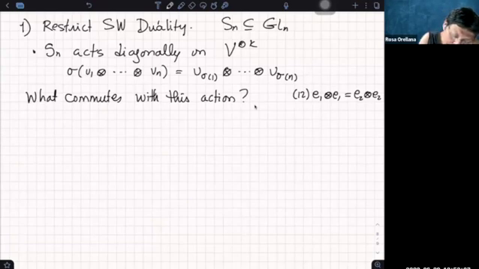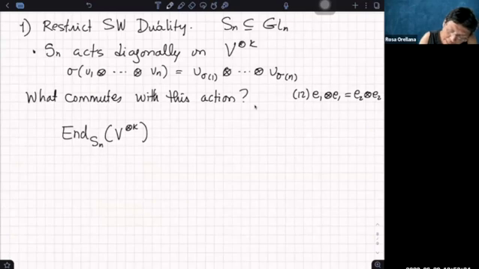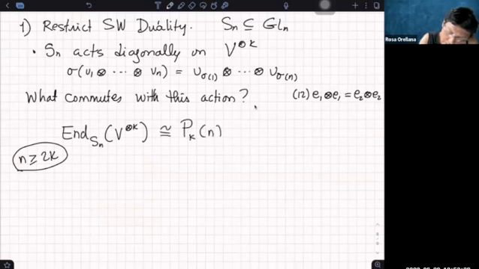The idea is that if you look at Sn, and here I should say I'm talking about the diagonal action on V tensor k, and I want to know what commutes with it. When n is greater than 2k, this happens to be one algebra, P_k(n), and this is known as the partition algebra.